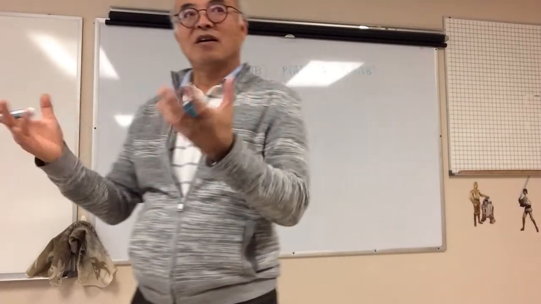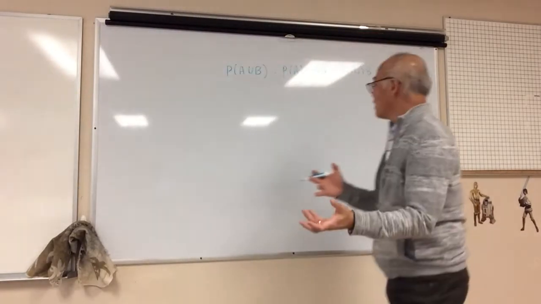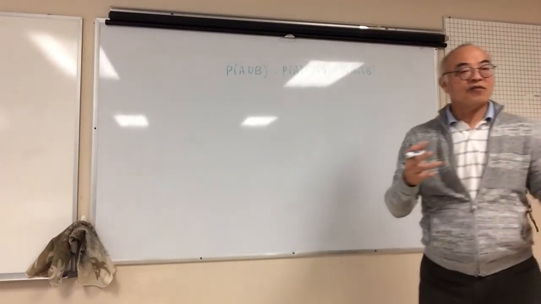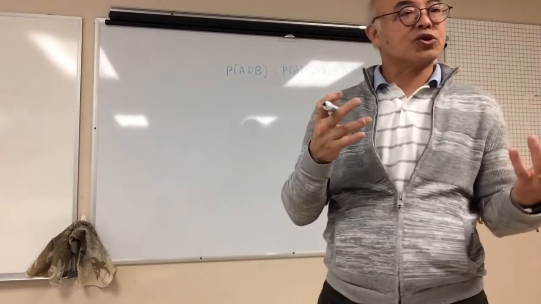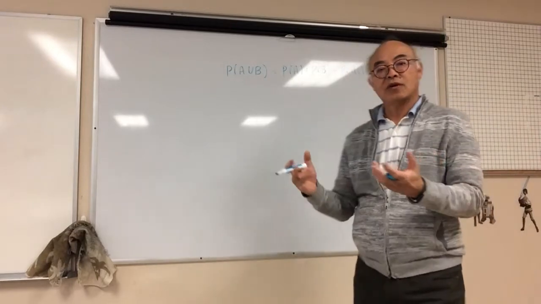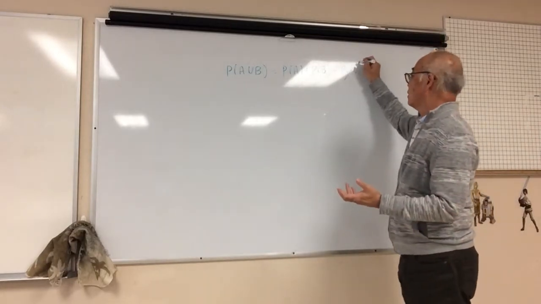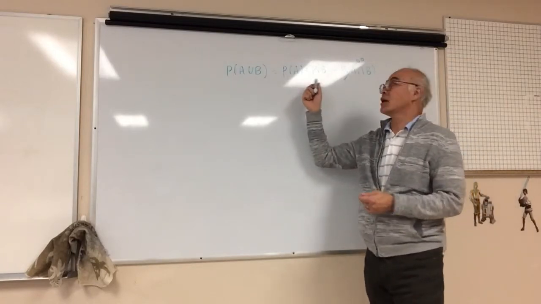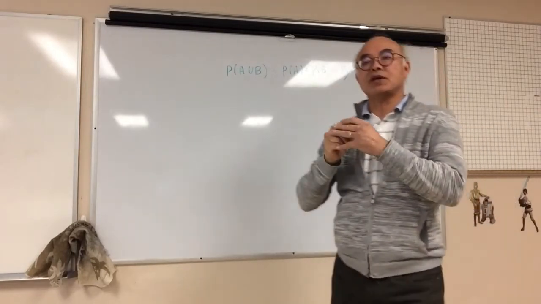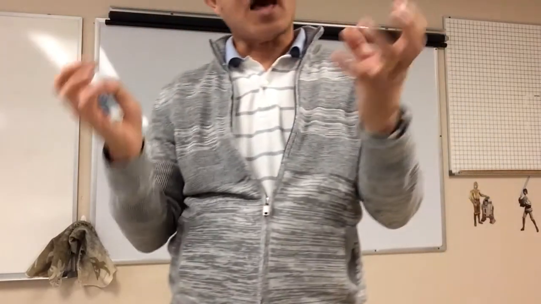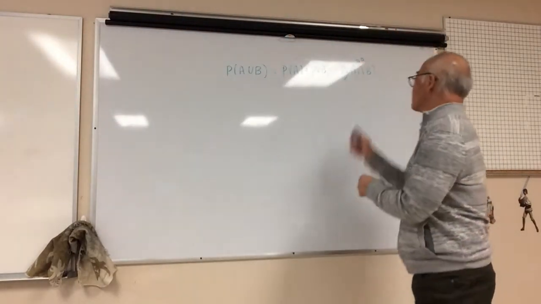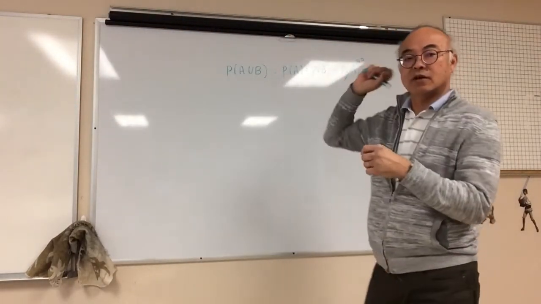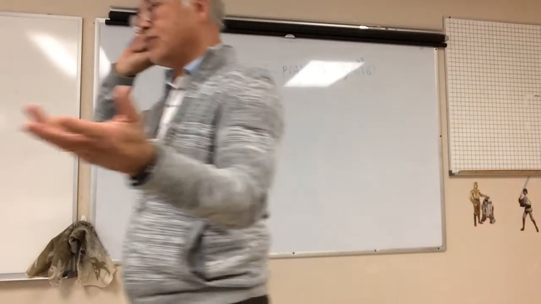Remember the sports, the female, that one, and then we said if they are mutually exclusive, then this guy goes to 0, and it's just simply this plus this, because mutually exclusive means that they cannot happen together, right? In other words, this guy does not exist. Okay, so that's what mutually exclusive was.